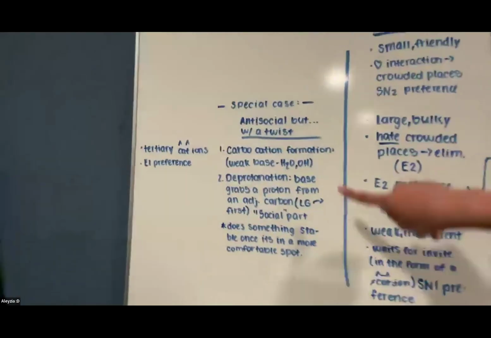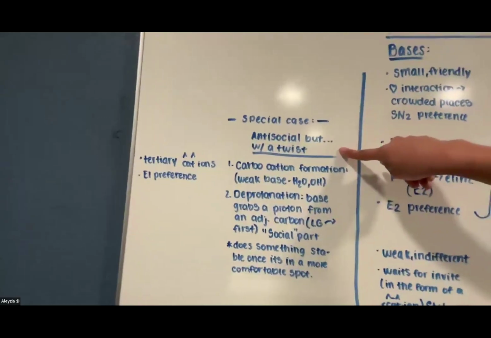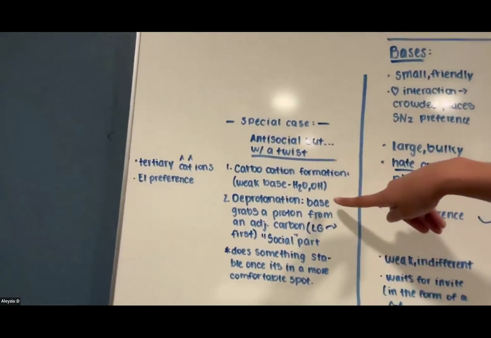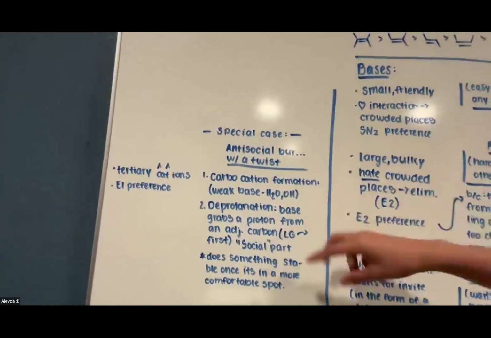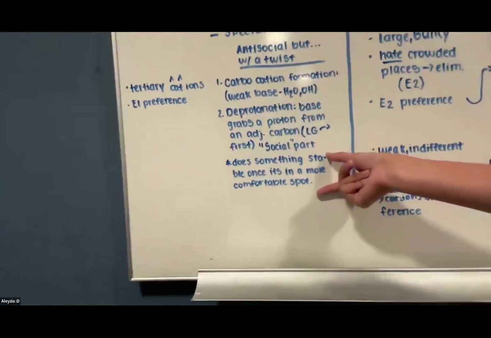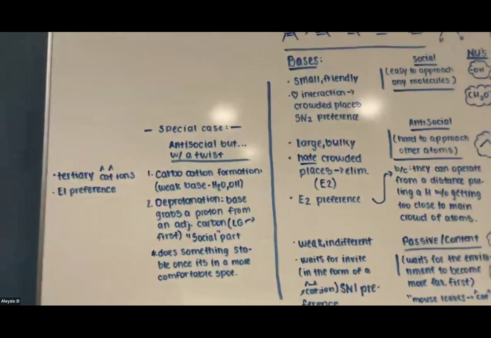Then there's a special case for E1, which is a little more complicated because there's deprotonation, but it likes to be alone. Once it's ready to be in a more comfortable spot, then it will be able to react. Reactive deprotonate. Yes, that's good.